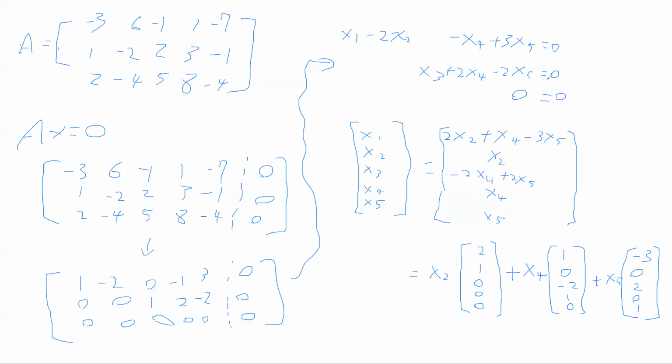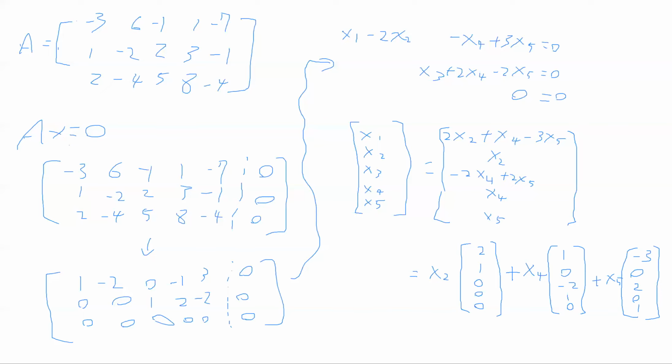Okay. So far what I've done is convert this thing right here into a linear combination, using these three vectors, right? And those weights are x2, x4, and x5, which are our free variables.